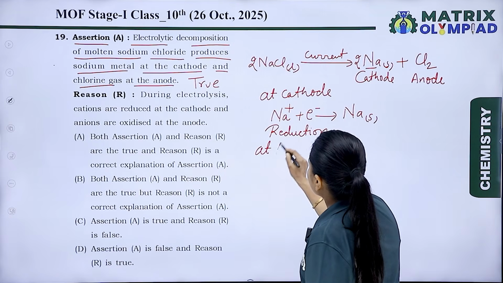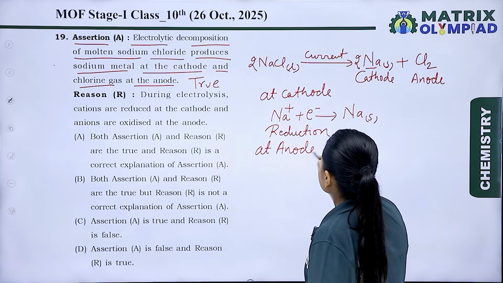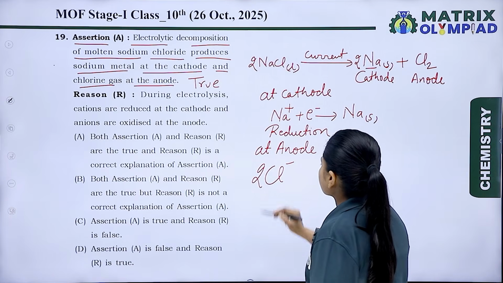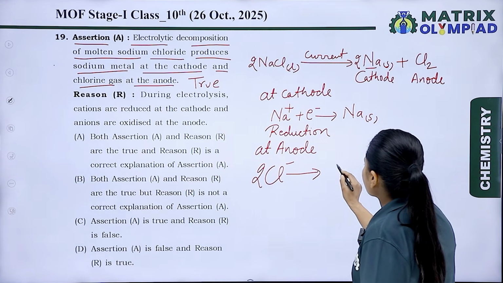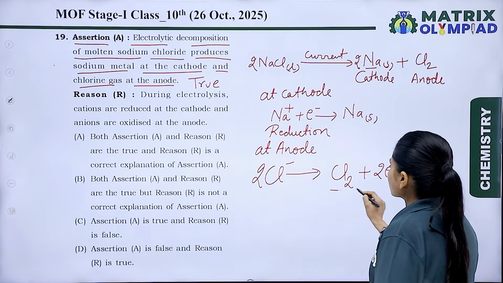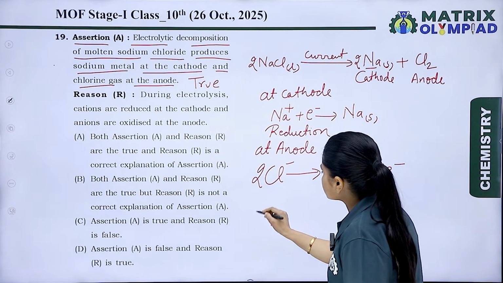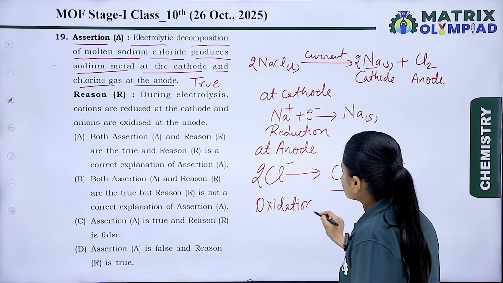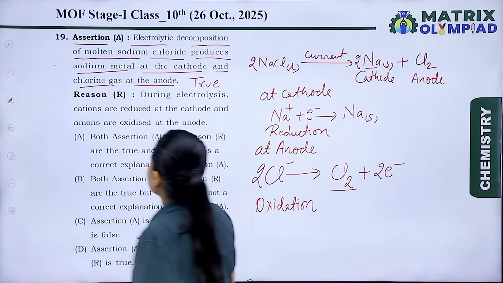Now at the anode, chloride ions release electrons to form chlorine gas, and this is called oxidation. So the assertion is true.